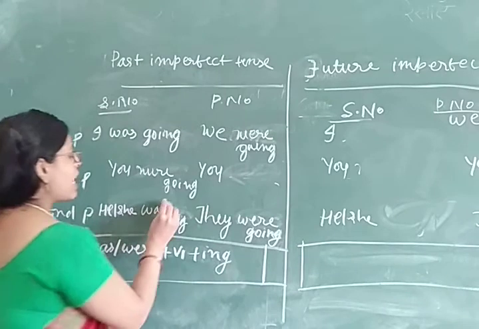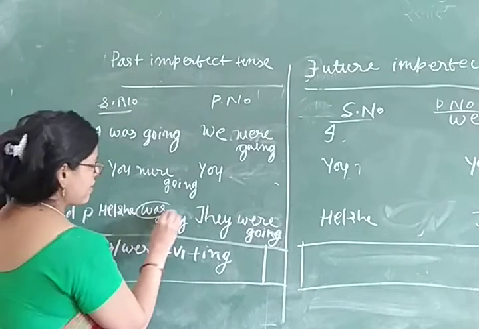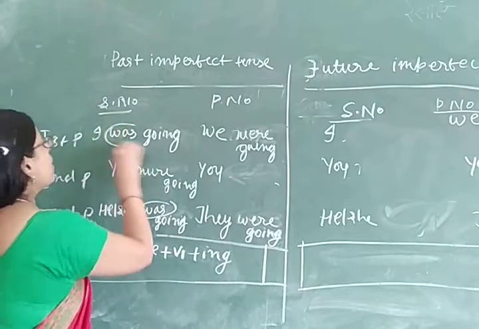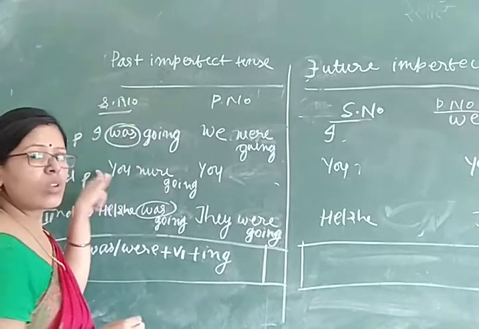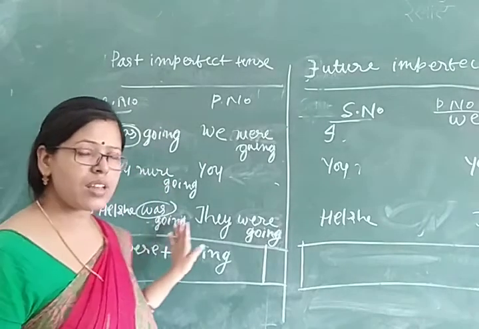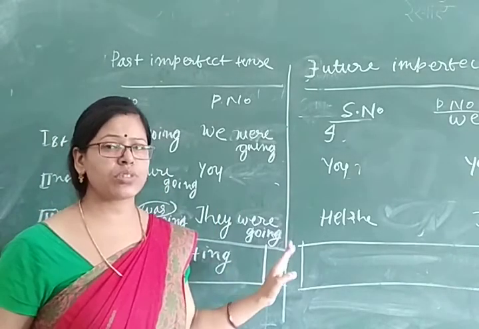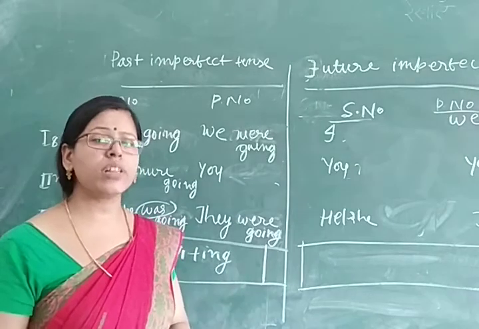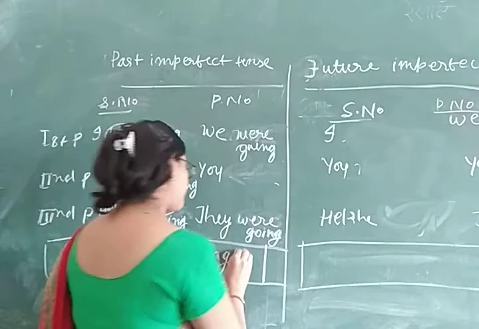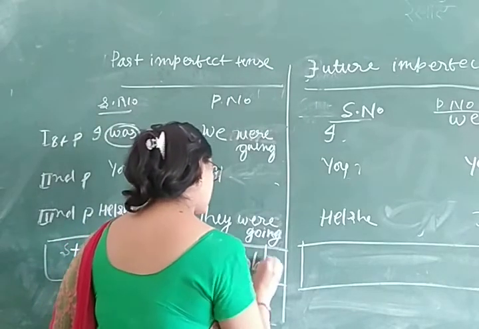And that is why I have used the helping verb was at only two places, along with the first person singular number and along with the third person singular number. Apart from this, everywhere I have used the helping verb were along with V1 plus ing, and the object is optional.